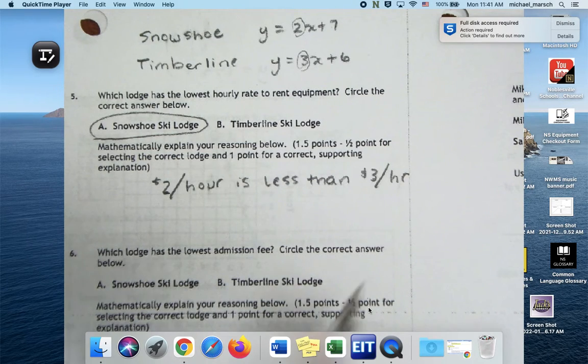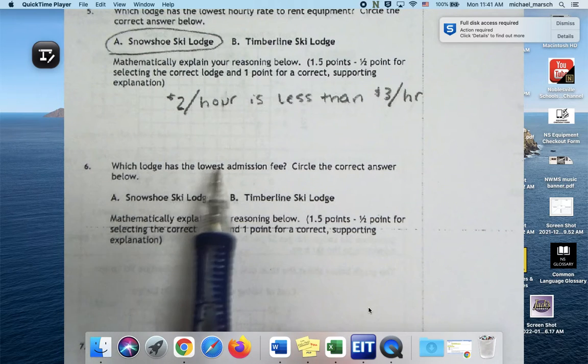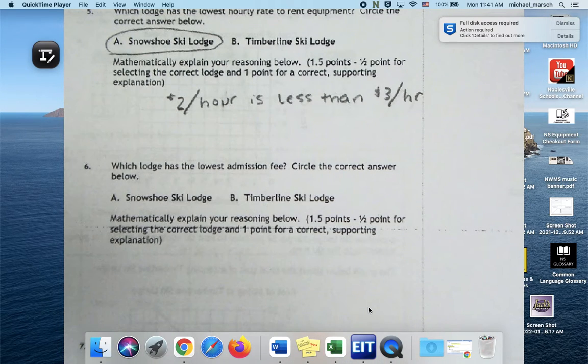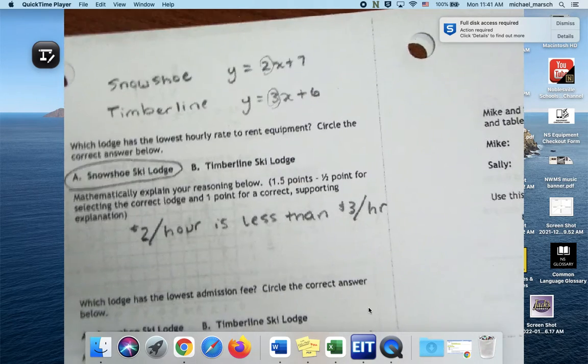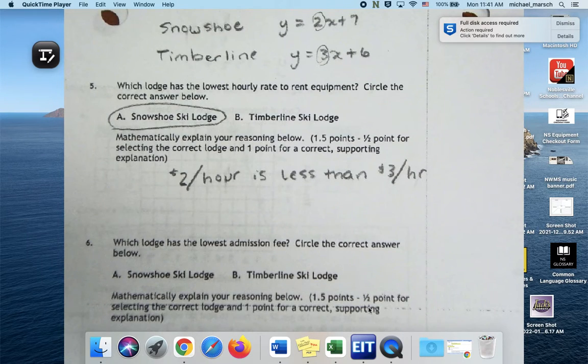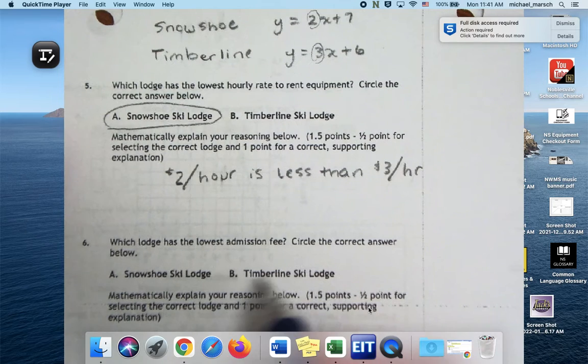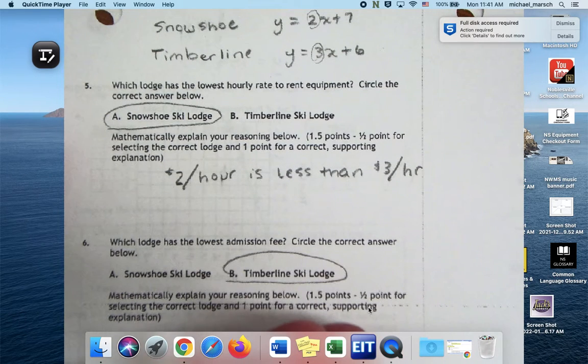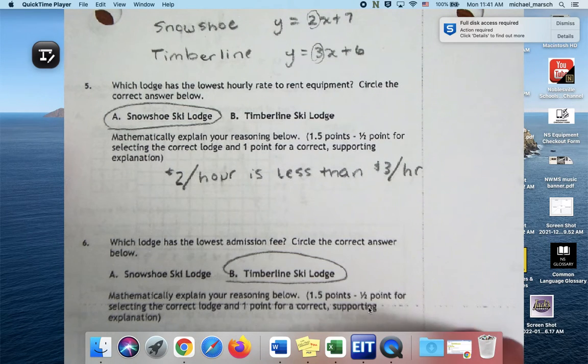Okay, so somebody tell me which lodge has the lowest admission fee? Ben? Why? Great. $6 admission is less than $7 admission.